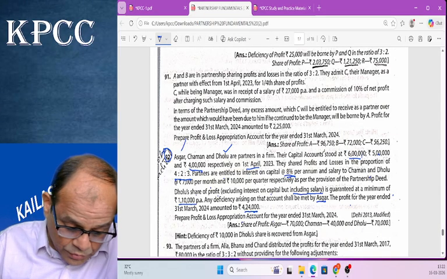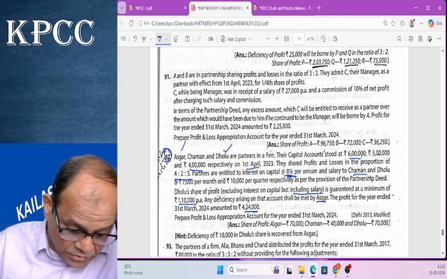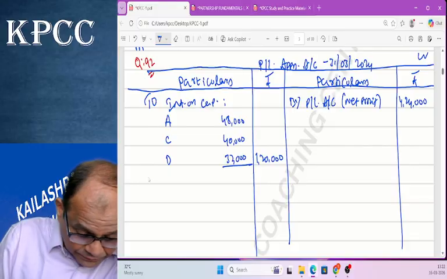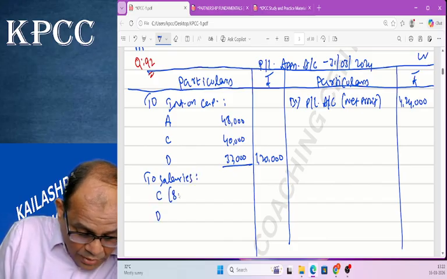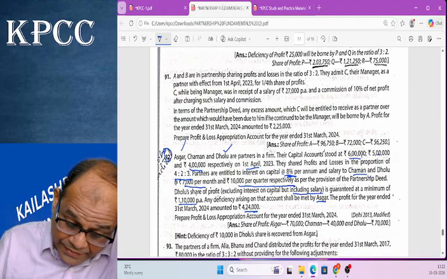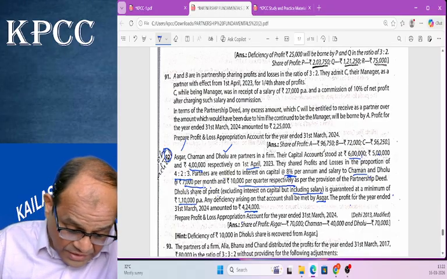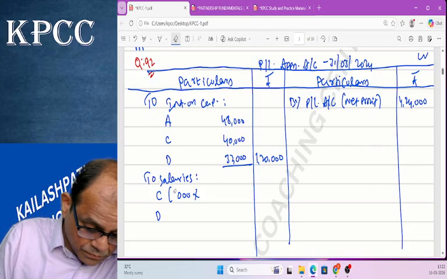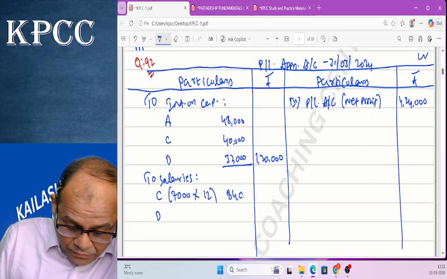Partners are entitled to interest on capital at 8% per annum, and salary to Chaman and Dolu is 7,000 per month and 10,000 per quarter respectively. Two salaries: Chaman, 7,000 per month, 7,000 into 12, 84,000.